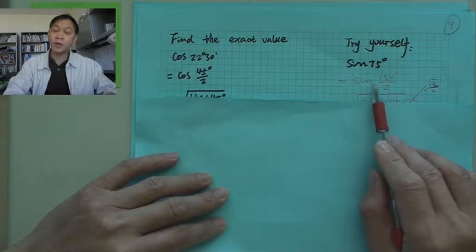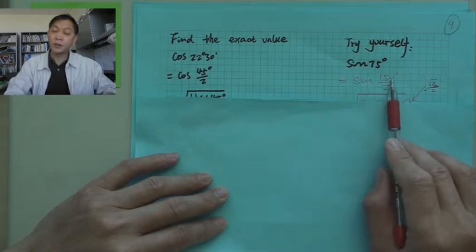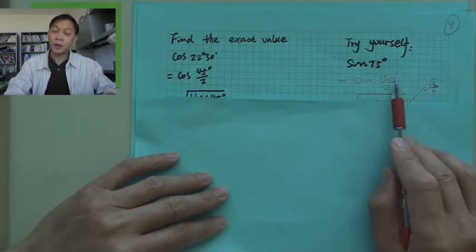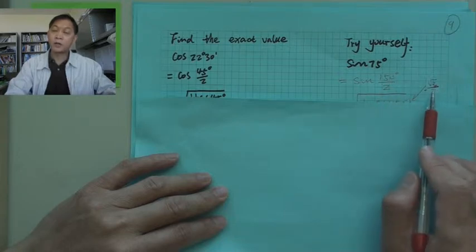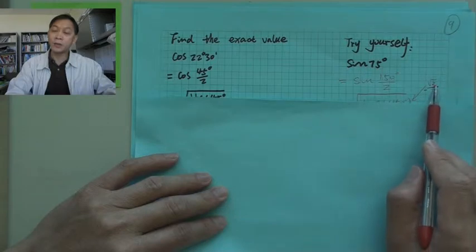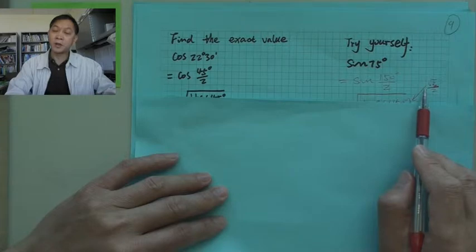But we know sine 150 degrees. 150 degrees is in the second quadrant. And the supplement angle is 30 degrees. The reference angle is 30 degrees.